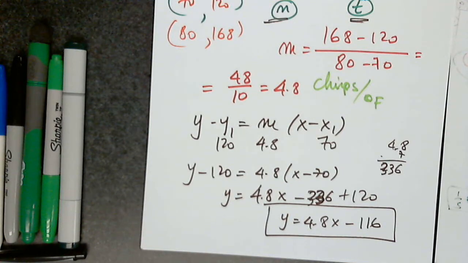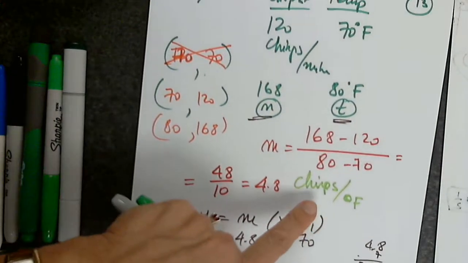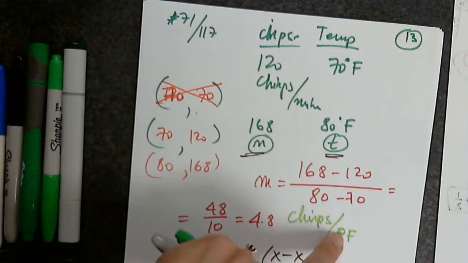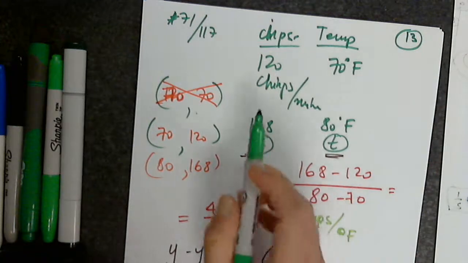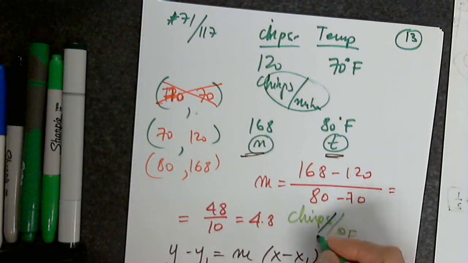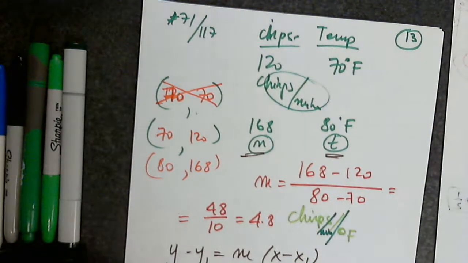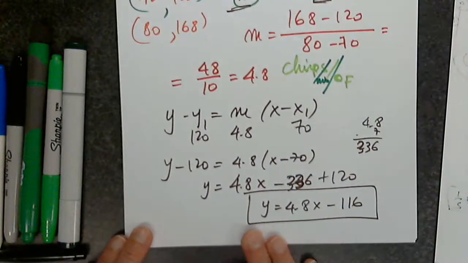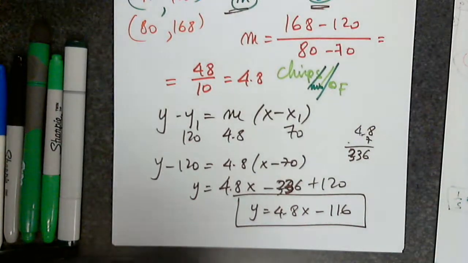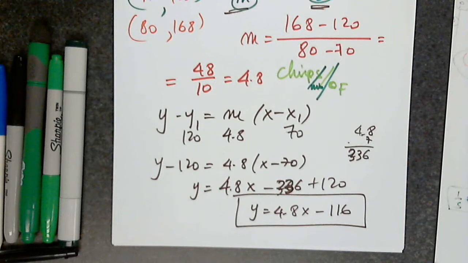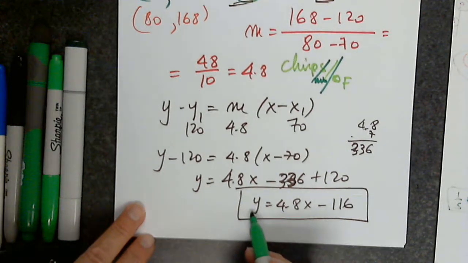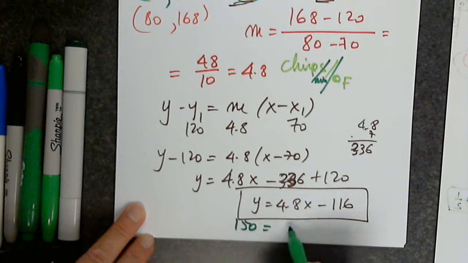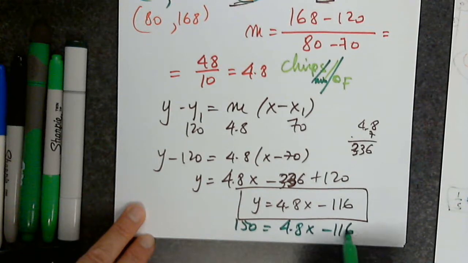If the crickets are chirping at 150 chirps per minute, so this is chirps per minute per degree. Don't forget, sorry. The top measurement unit is chirps per minute per degree Fahrenheit. Careful. So if they chirp at 150 per minute, so this is 150 equals 4.8x minus 116.